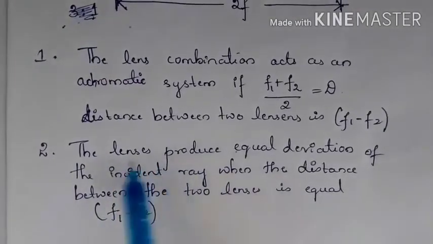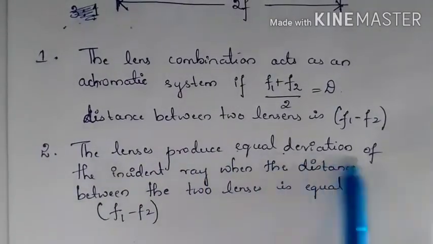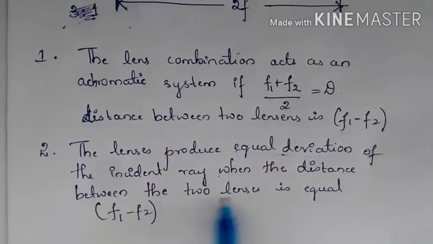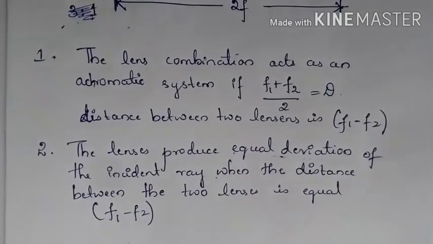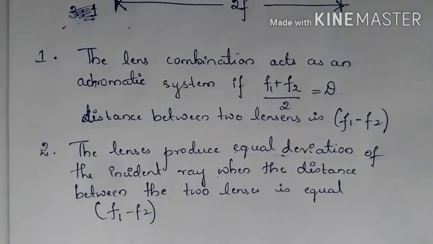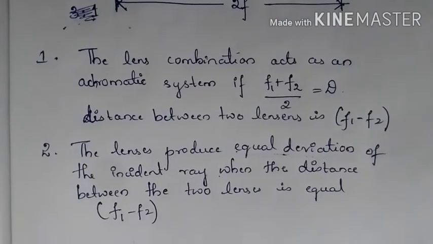So this lens produces equal deviation of the incident ray when the distance between the two lenses is equal. So if the distance between two lenses is equal, then the deviation produced by this system will be the same or it will be equal.